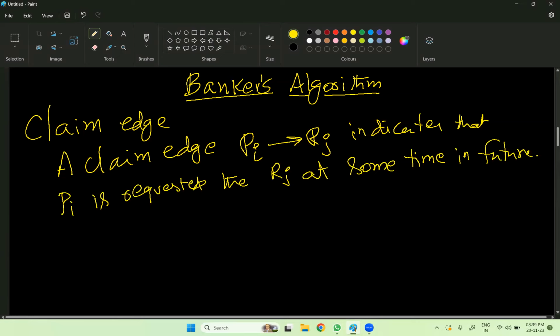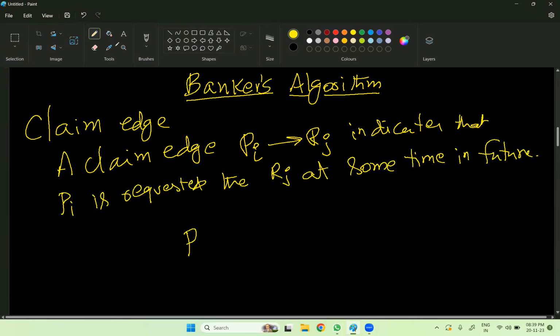So simply speaking, it is a reservation which could be made, so that the reservation could be occupied in future, something like that.